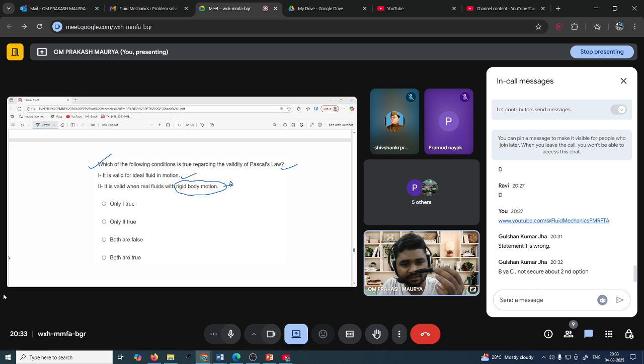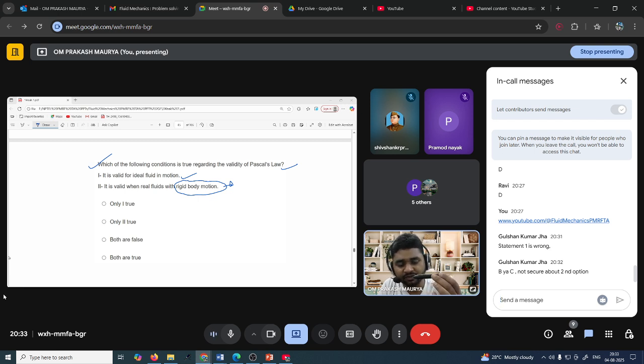I think it is visible, and this is a rigid body. Once it is moving in the forward direction, and this pen has millions of particles, all particles have the same velocity. This is the rigid body condition.